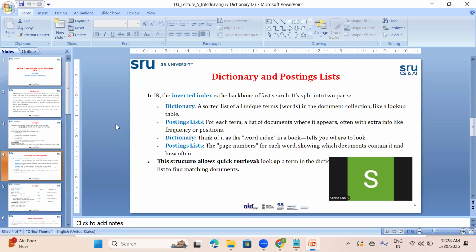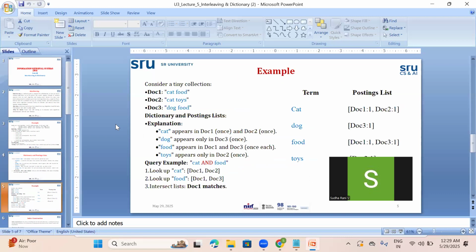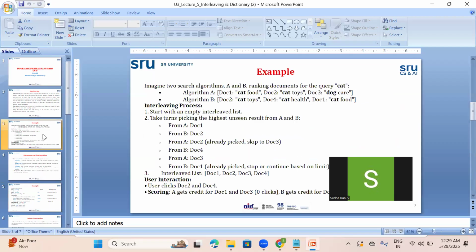Dictionary, think of it as a book's word index, it tells you where to look. Posting list, the page numbers for each word, showing which documents contain it and how often. See the example. Here clearly we have the example.